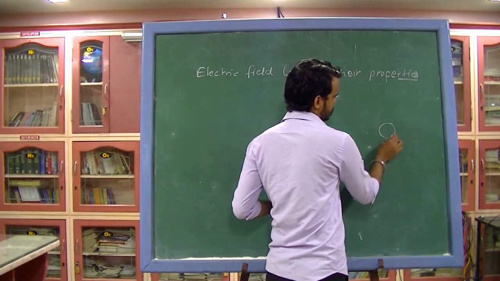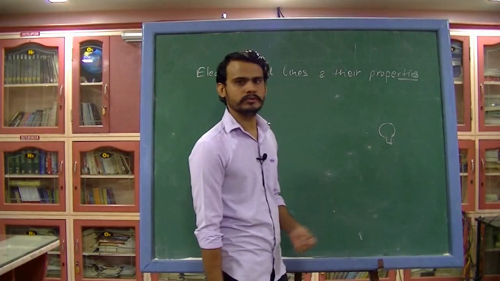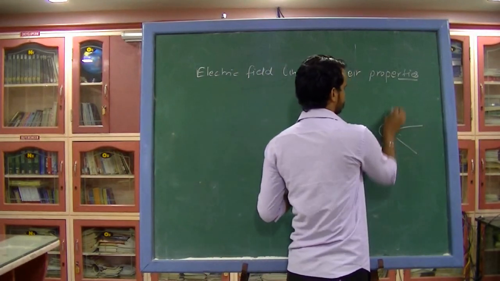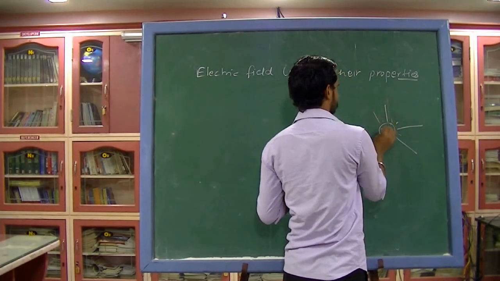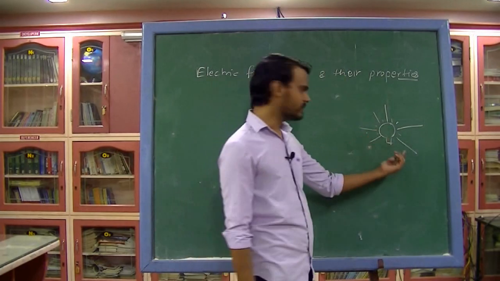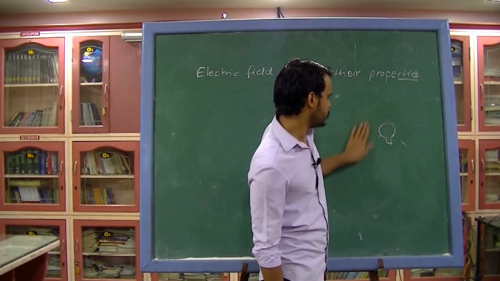You might have done this in your lower classes, class 10th. There is a bulb. If you want to show that this bulb is glowing, what do you do? You normally draw lines like this. If you are drawing the lines like this, it means that this bulb is glowing, and if you are not drawing these lines, it means that the bulb is in the switched off state.